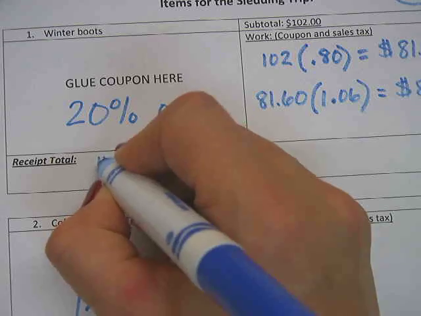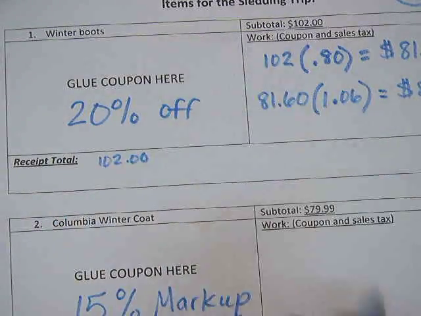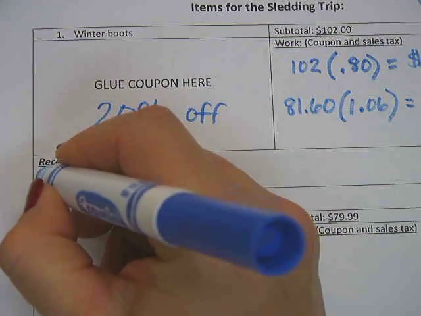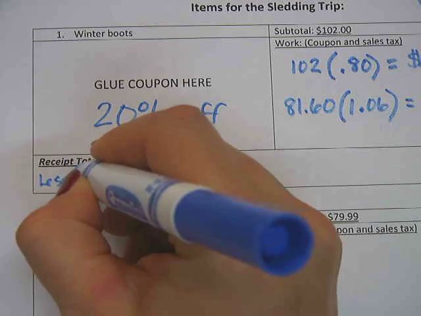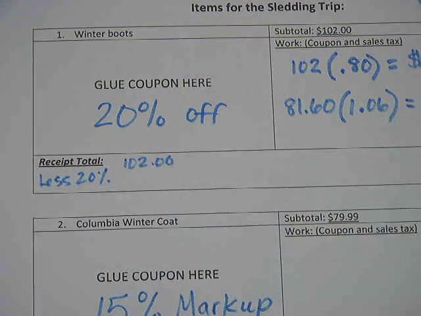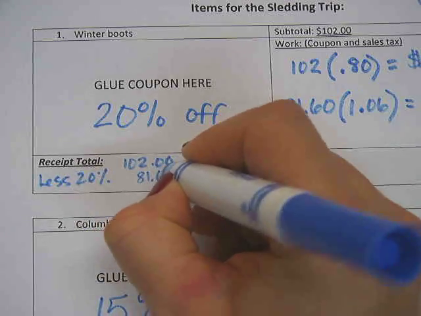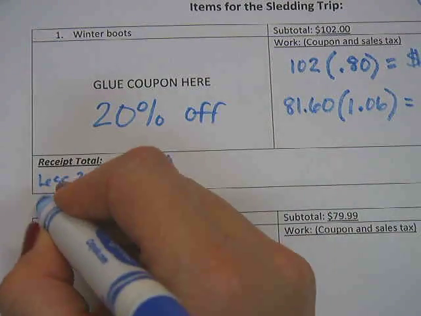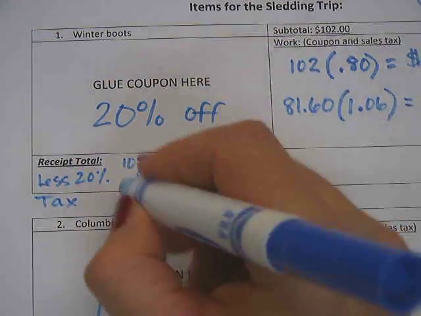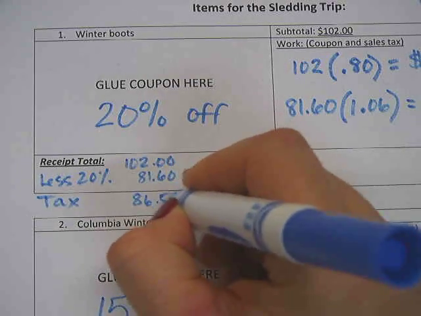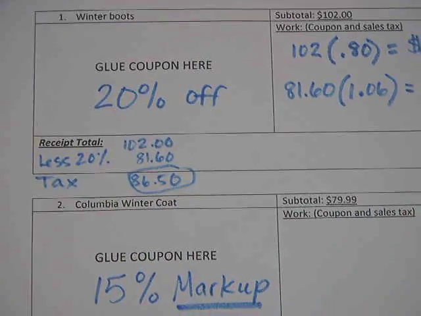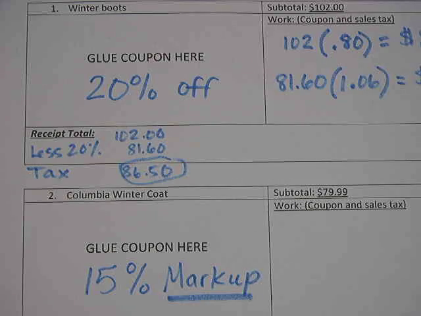Okay, so for your receipt total, you're going to do $102. And we're going to say less 20% is going to take us down to $81.60. Then with our tax, our total comes out to be $86.50. Okay.